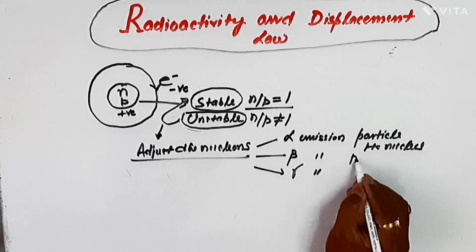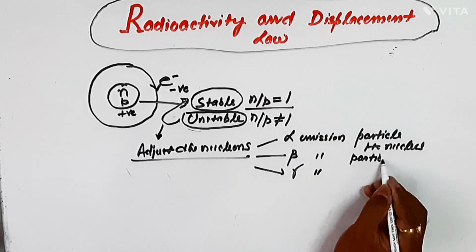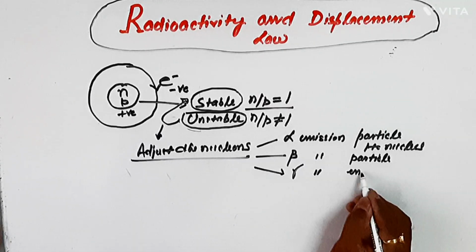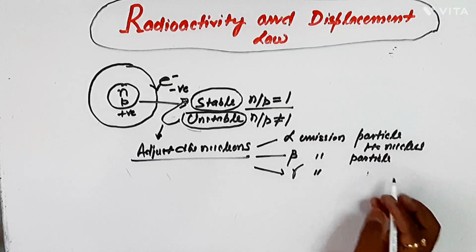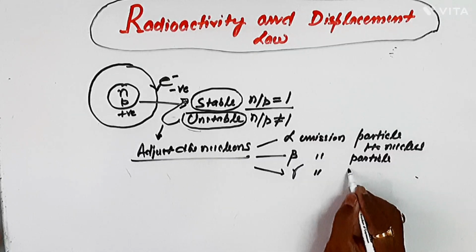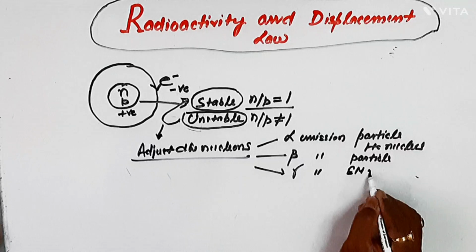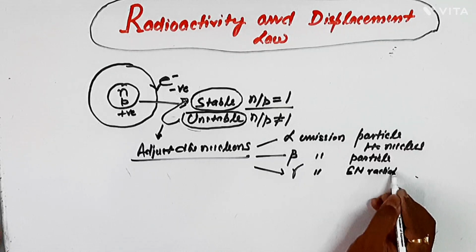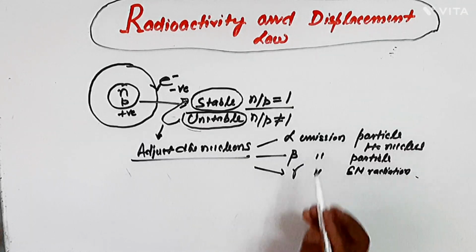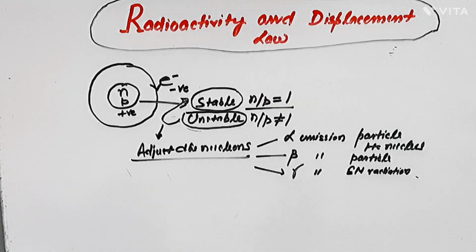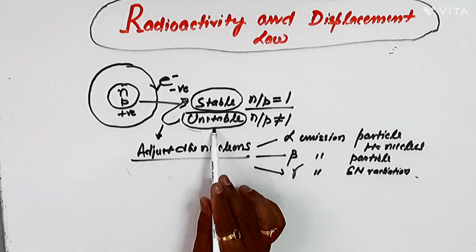So beta is also a particle and gamma is energy, an EM radiation. So these three types of emissions are observed in an unstable nucleus.